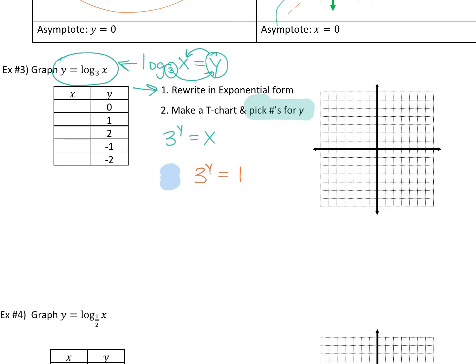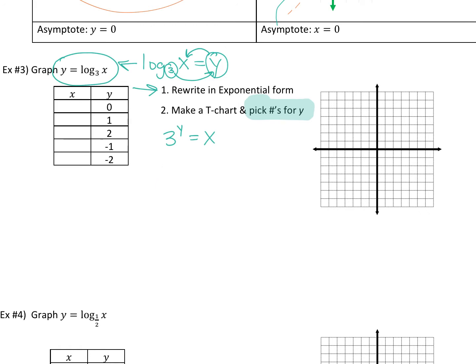It's not great. I mean, that one is, but the rest of them are not easy to solve. So the reason we plug it in for y is 3 to any power is pretty easy to solve. We're just saying 3 to the first power, 3 to the second power, 3 to the 0 power. You work through all the numbers.